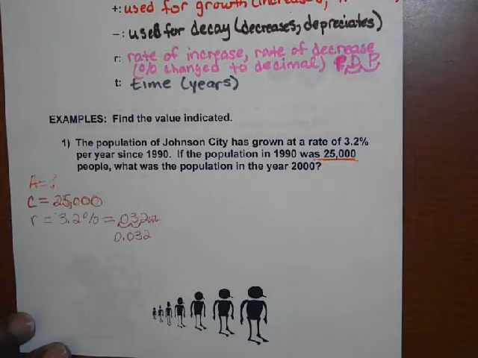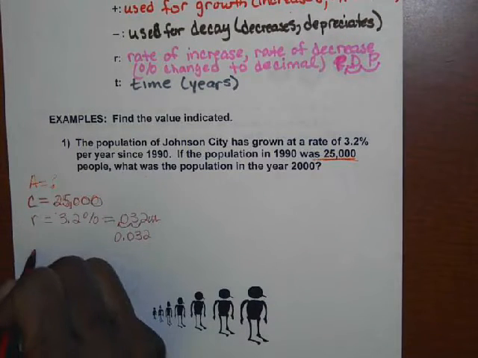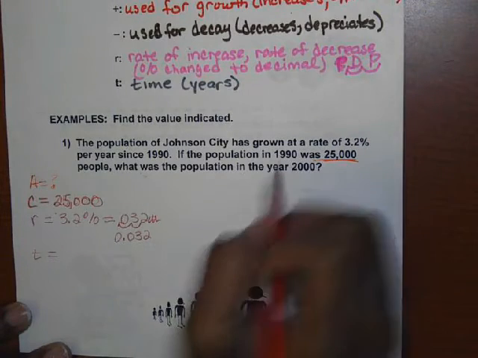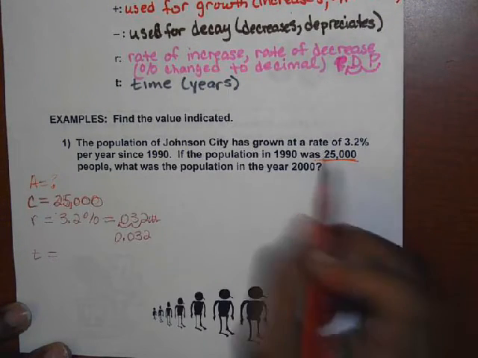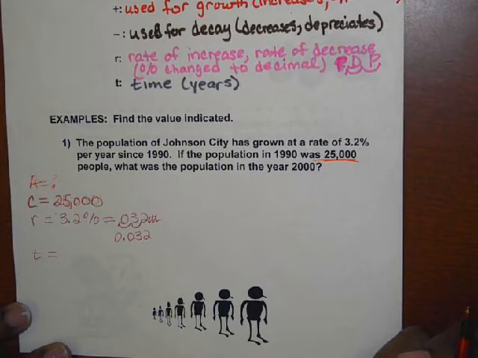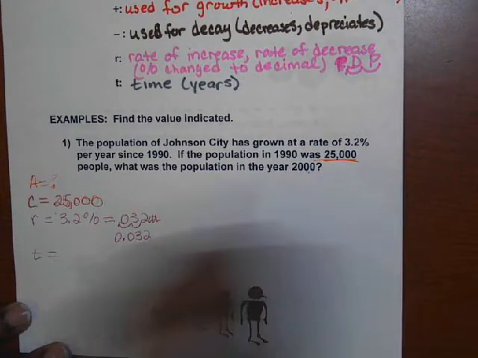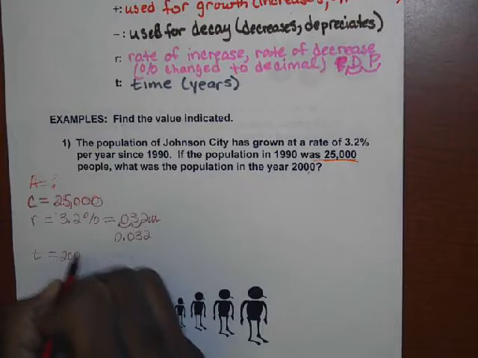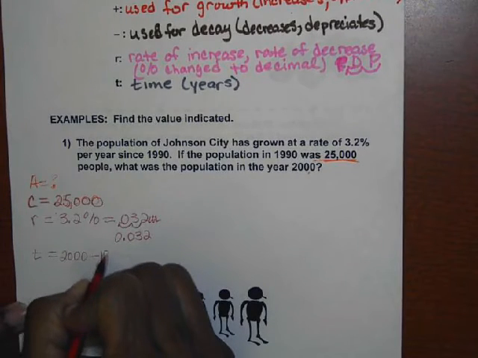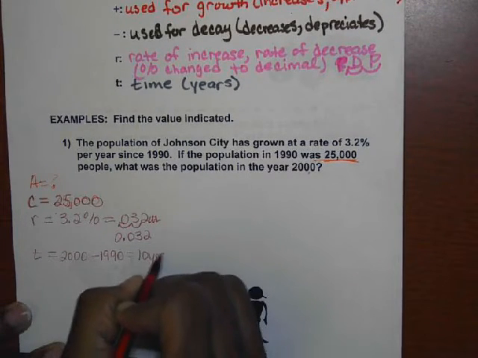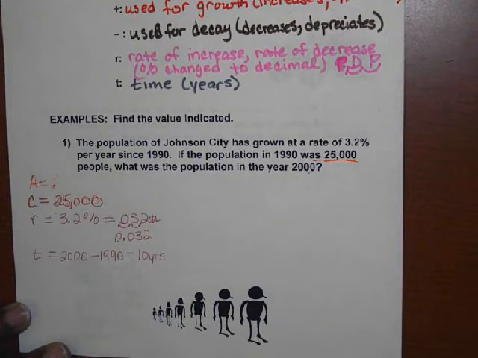Okay. And do I know my time? Well, what did they tell me my time was? They didn't. I have to figure it out, right? So my time is from 1990 to 2000. So 2000 subtract 1990 gives me 10 years. Okay?